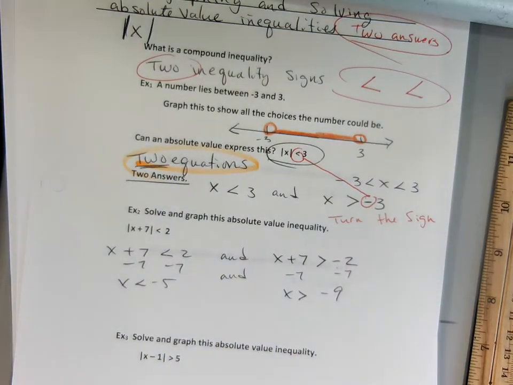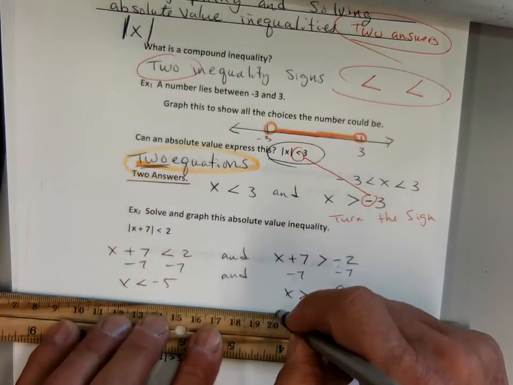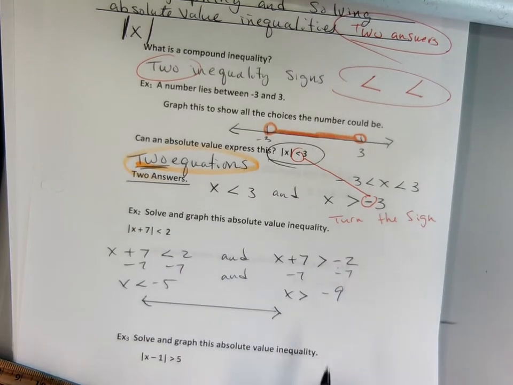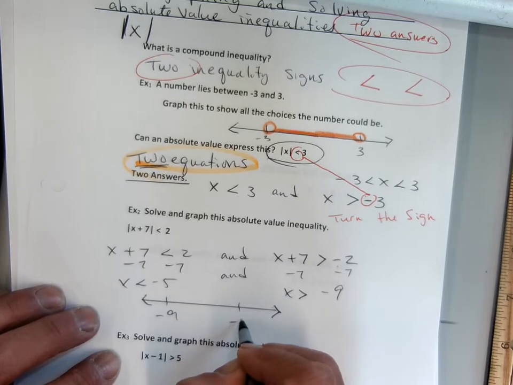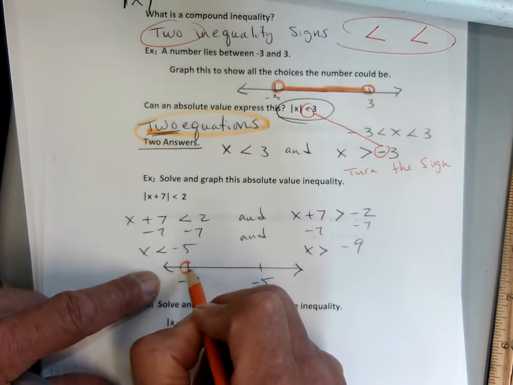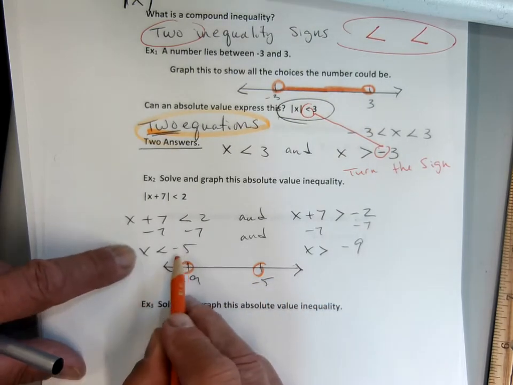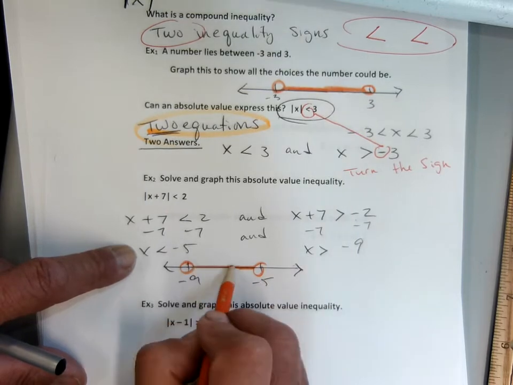Okay, so then I like to put it on a number line. It says graph anyway, so on a number line, it really helps me if I can see it. I'm kind of a visual person, so if I graph them, negative 9 would go here, negative 5 would go here. So then if I were to graph it, open circle on both because there's no equal signs, right? I'm going to have it be x is less than negative 5, that's that way, but greater than negative 9 is that way, so I'm shaded in between.